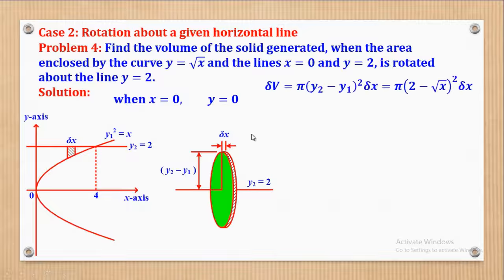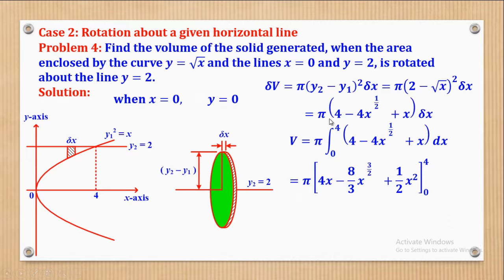Therefore the volume of the elementary disk will be equal to pi times y2 minus y1, which is the radius, squared, multiplied by delta x, which is our height now. But I know y2 is 2 and y1 is root x, so I'll substitute, and now I'll expand. When I expand this, I'll come up with 4 minus 4 x to power half plus x.